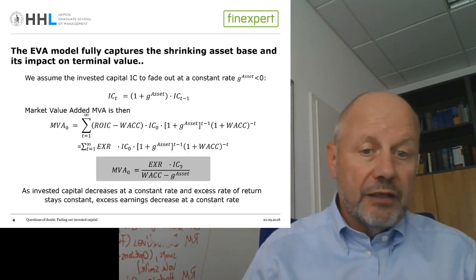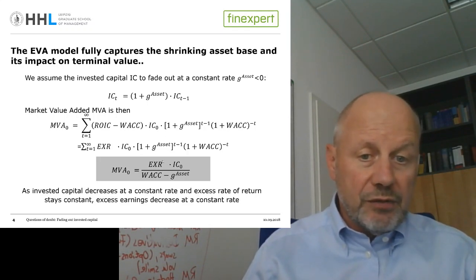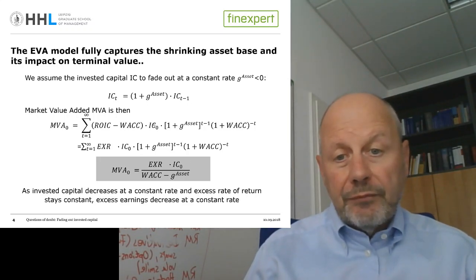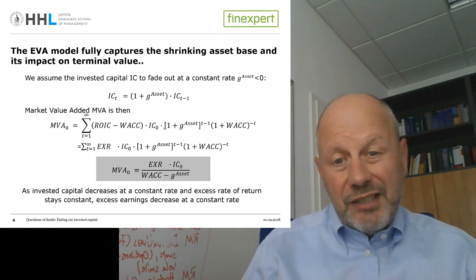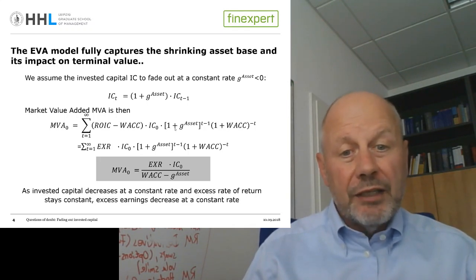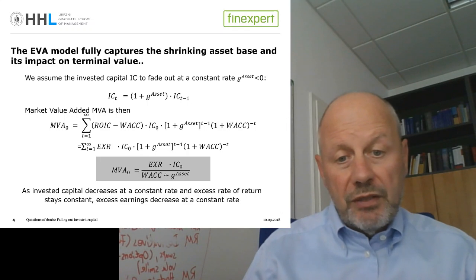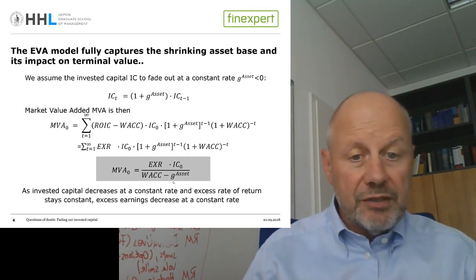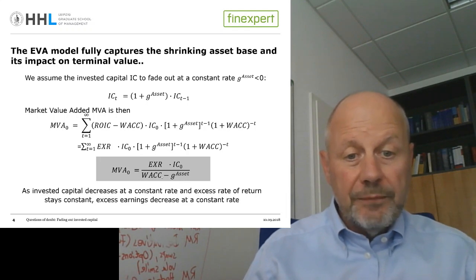So you see that this is here the excess earnings in the first year, the excess rate stays constant with the invested capital at 0, and then we say that these excess earnings are declining at a constant rate, and so you see then the present value, the market value added, is simply divided by WACC minus this negative G asset.